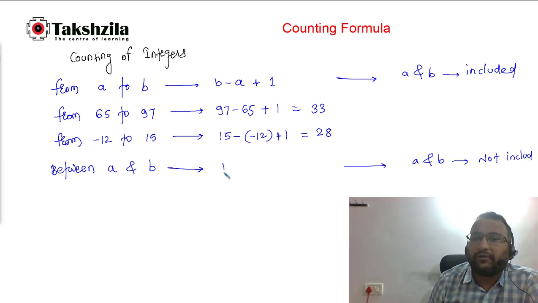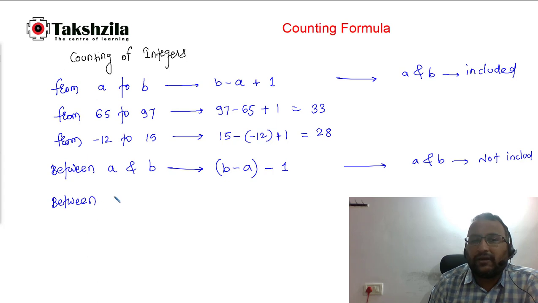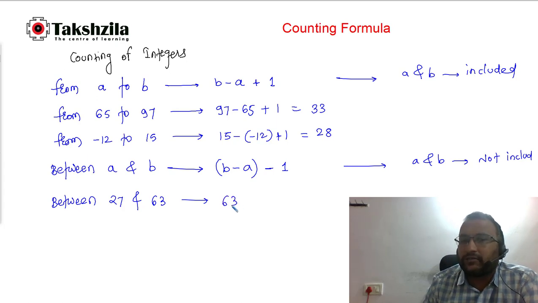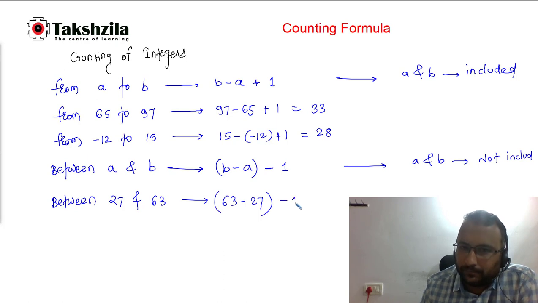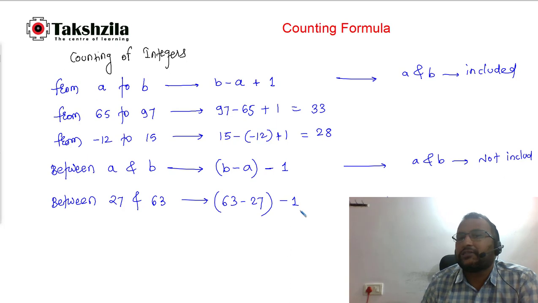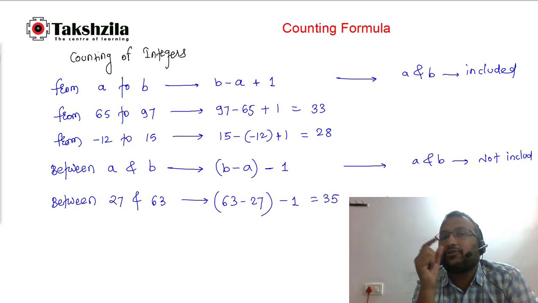So over here you take the difference, and then you need to subtract 1 from this. For example, if I ask you how many integers are there between 27 and 63, the answer is going to be 63 minus 27, and then subtract 1. 36 minus 1 is equal to 35. This is how we can count the integers.